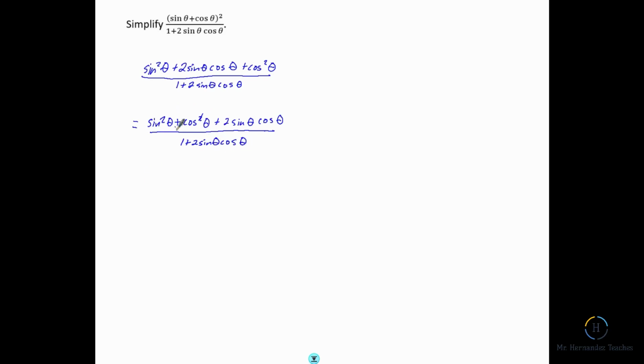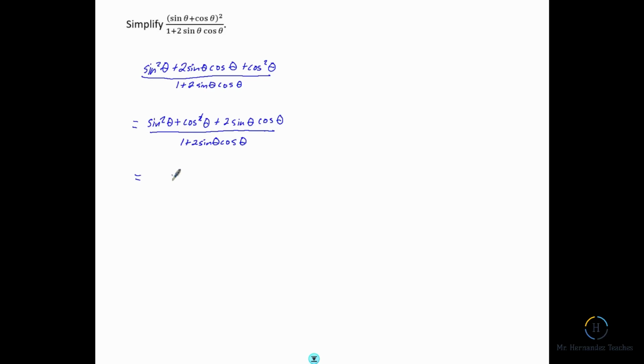What I notice is this sine squared plus cosine squared is a Pythagorean identity. That is equal to 1. So let's make that substitution.